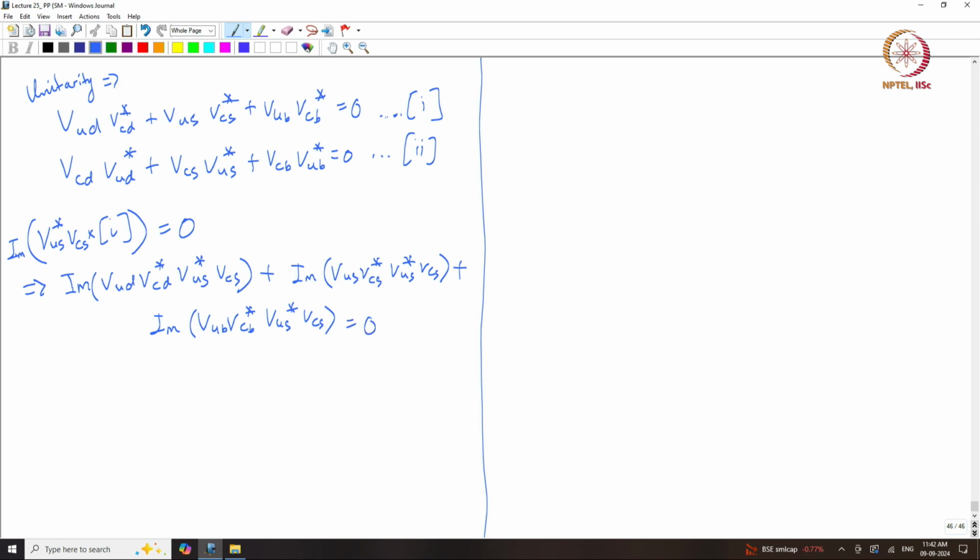So, what is this now? That is absolutely 0, right. I have just taken VUS star, so that is a real number, VCS star VCS, that is another real number.